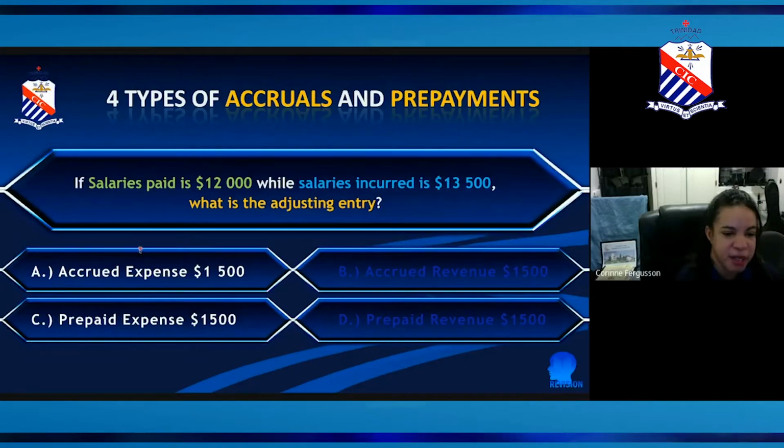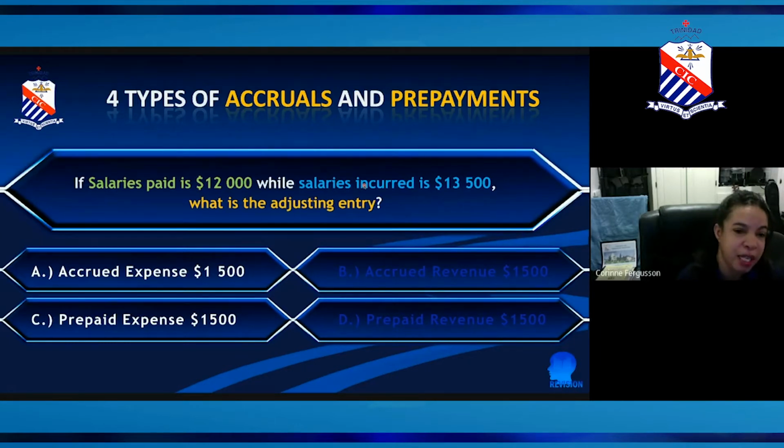So we have the expenses. We know it's expense. We eliminated B and D already. We're comparing the 12,000 paid with the incurred. If the paid is less, is that an accrual or a prepayment? Think of it this way. If you pay less than you're supposed to, because that is what incurred means, incurred is how much you're supposed to pay.